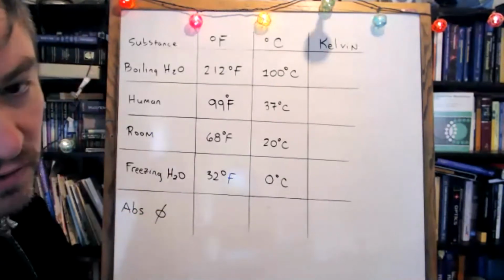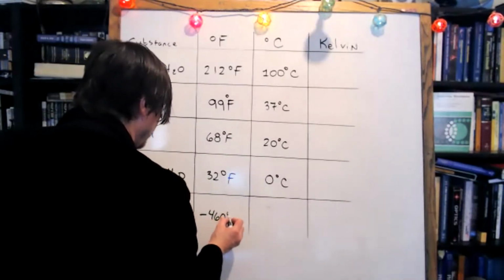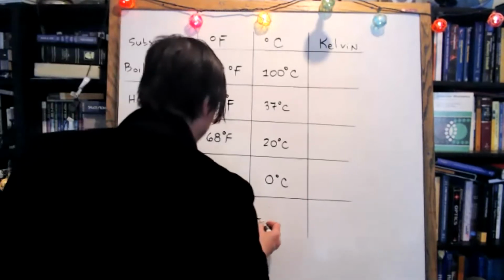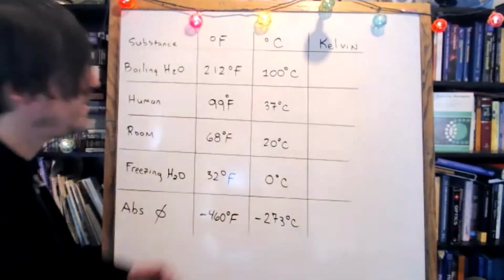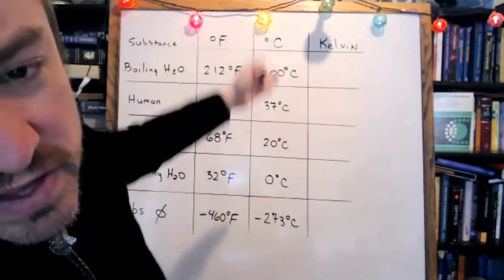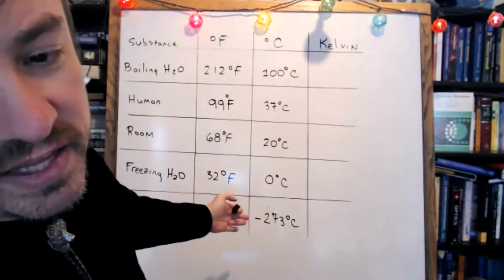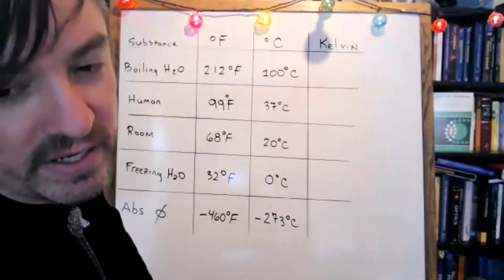Absolute zero occurs at a temperature of negative 460 degrees Fahrenheit, negative 273 degrees Celsius. Lord Kelvin had an idea, which is, the Celsius scale is a really nice temperature scale, but it's silly to have negative temperatures when it's inherently a positive quantity that we're measuring.